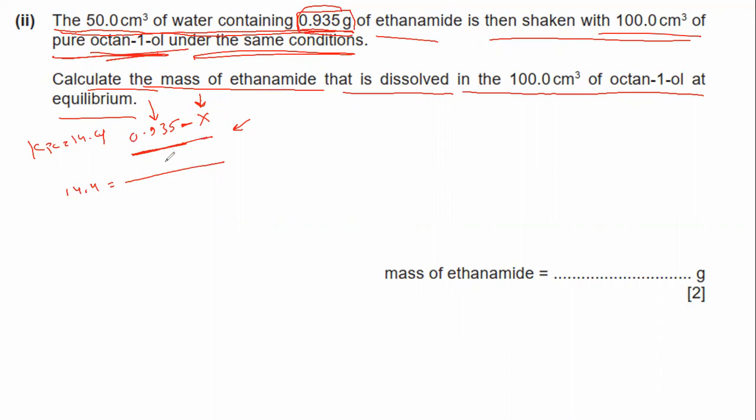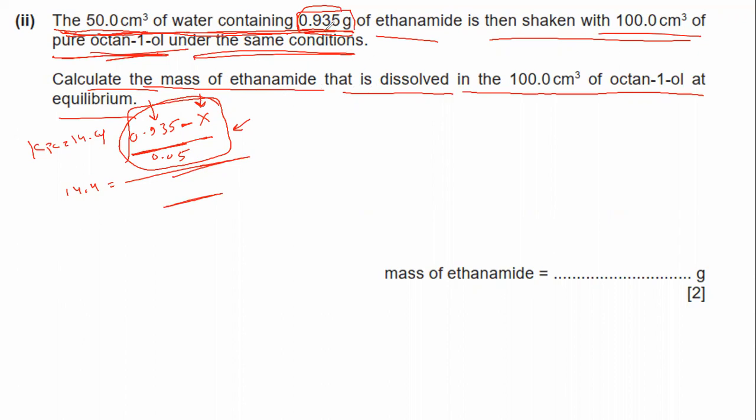Now, guys, we have the volume of water, the 50 cm³ of water, so it is 0.05. This is the concentration of ethanamide in water. It will be given in this formula, over the concentration of ethanamide in octane-1-ol.